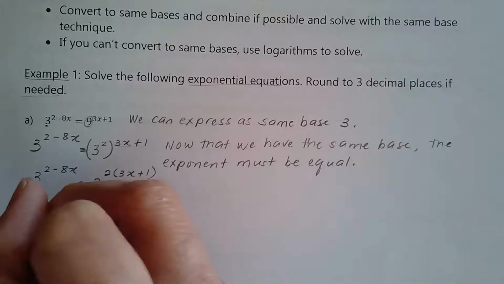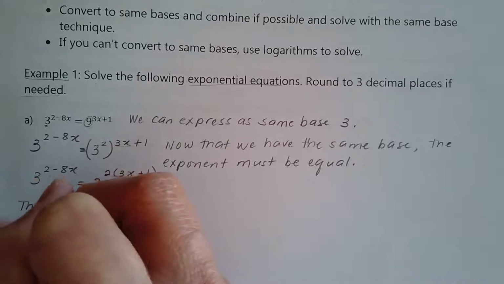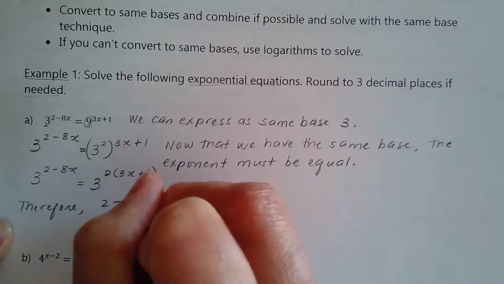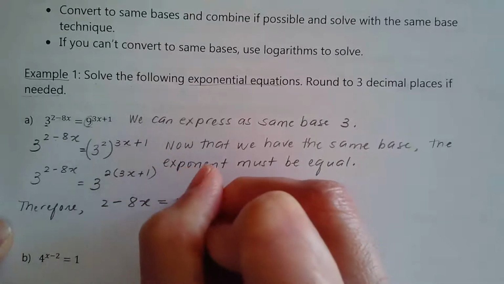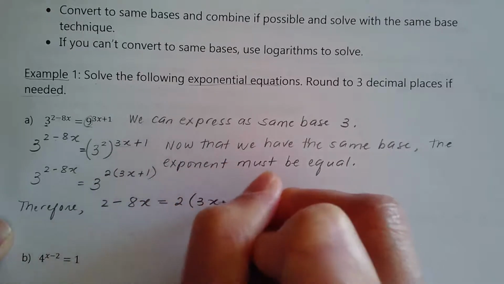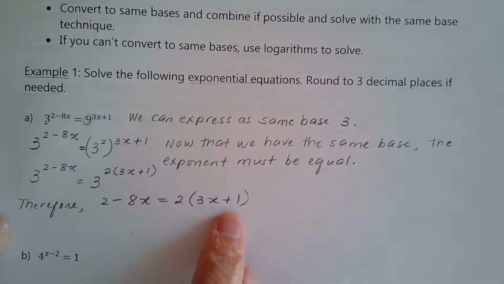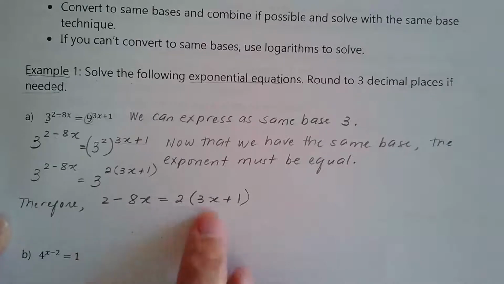Therefore, 2 minus 8x has to equal 2 times 3x plus 1, and this becomes super easy from here on in solving for x.